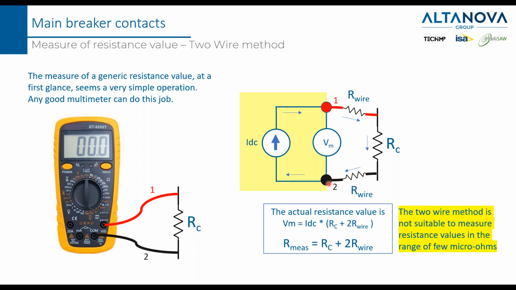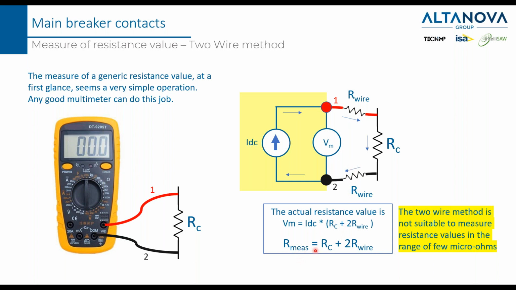And the only way to measure the resistance is also to measure the voltage. And the place where the multimeter measures the voltage is the terminals. So in conclusion, if you do a measurement like this, you are not only measuring the resistance of your contacts, but you're also measuring the resistance of the 2 wires.